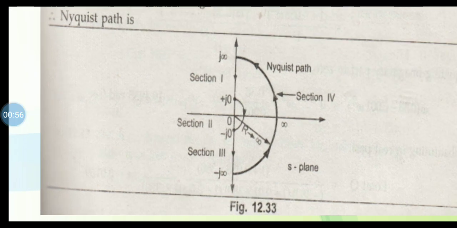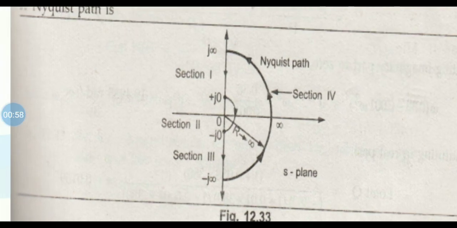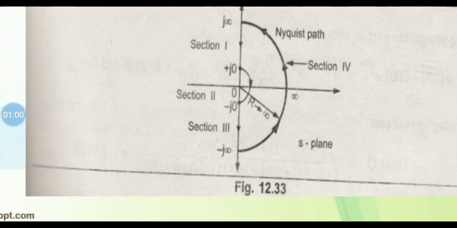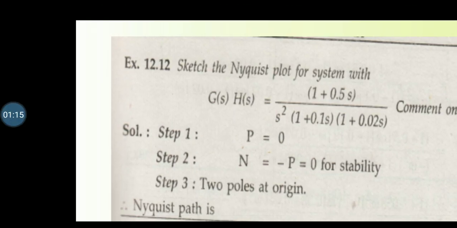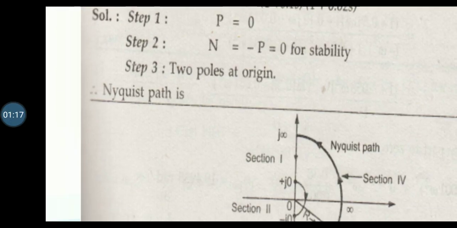So you can see the Nyquist path, which will start from plus j infinity and continue till minus j infinity with a semicircle of radius infinity. That has been drawn and represented as the Nyquist path.